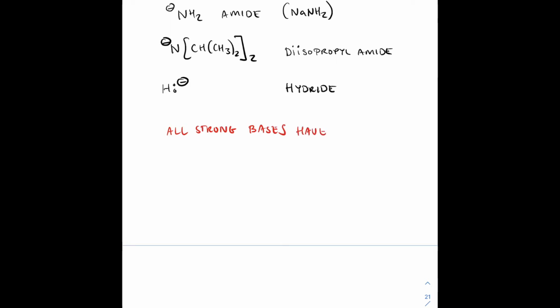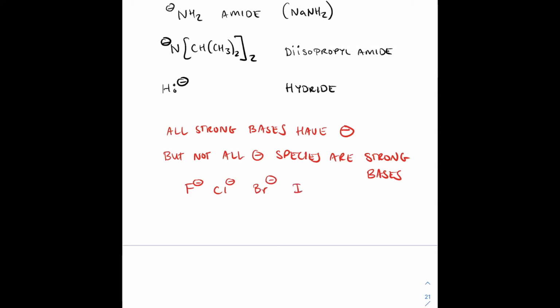Now, again, it's kind of important to note that all strong bases have a negative charge, but that doesn't mean that all negatively charged species are strong bases, right? And we see this with acetic acid giving us an acetate. Acetate's not a very strong base, but then we also see it with fluoride ion, chloride, bromide, and iodide.